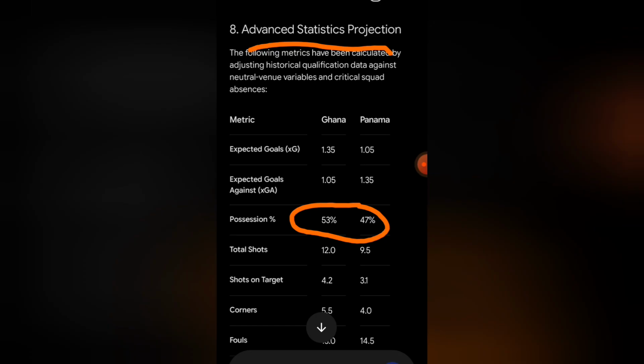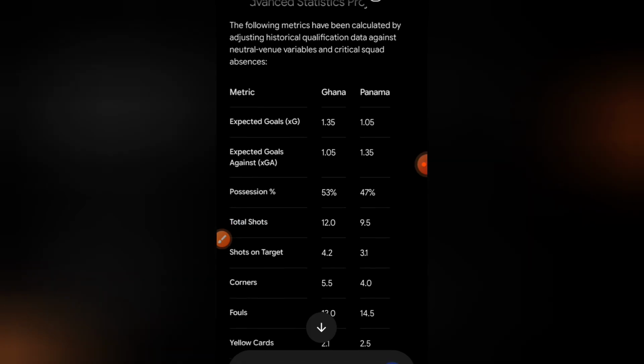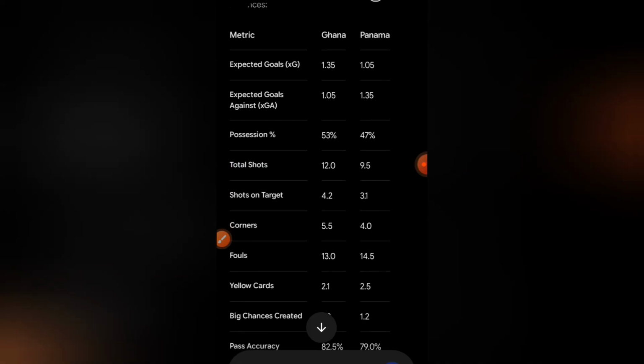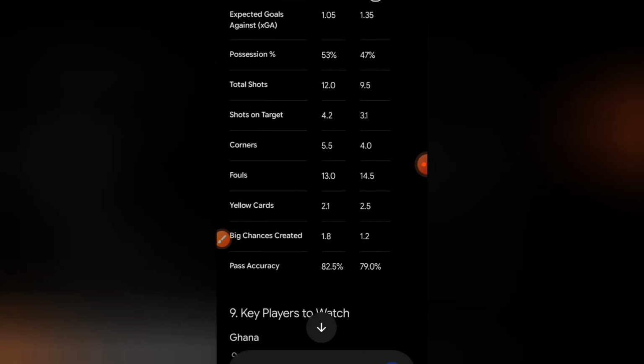Looking into the total shots expected, we should not be expecting so many shots in this game, probably under 28.5 total shots. And for total fouls, we should be expecting more than 20 fouls in this match.